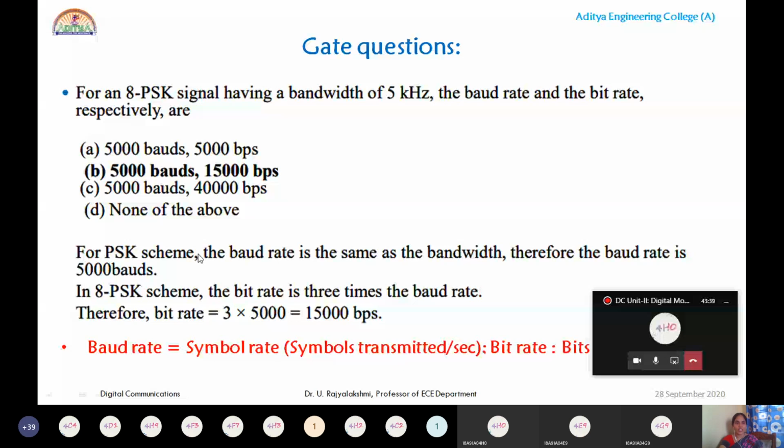You should know that for the PSK scheme, the baud rate is the same as the bandwidth, because the baud rate is Fs. Therefore, the baud rate will be 5,000 bauds. For 8-array, n is 3, so bit rate will be 3 into 5,000, because bit rate is n times the baud rate. So it will be 15,000 bits per second.